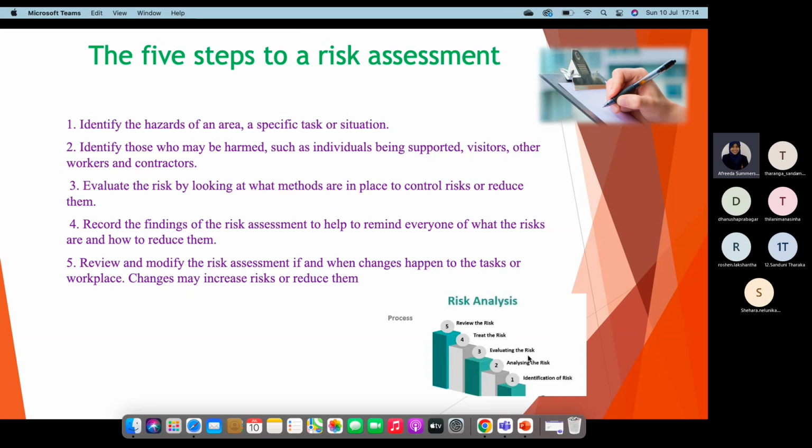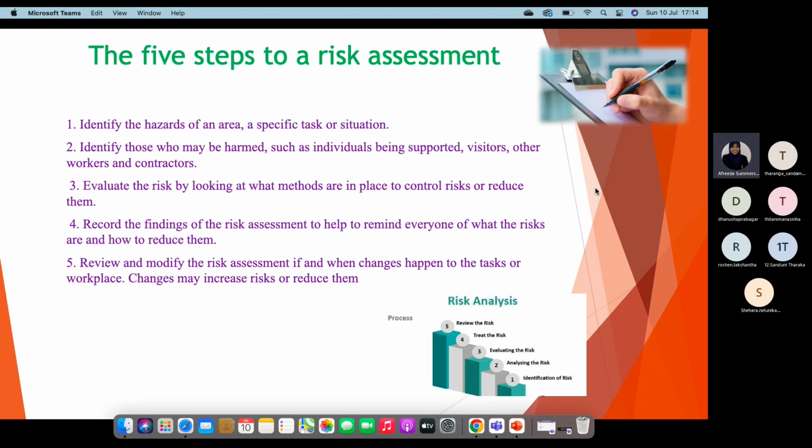Can somebody take a minute? I'm going to give you 1 minute. Can you bring an example where we can put all that in these 5 points? How you identify, how you analyze it, how you evaluate it, how you treat it, how you review it. I want everybody to take 1 to 2 minutes. Think about a scenario, and based on a situation, how would you classify them under these 5 points?